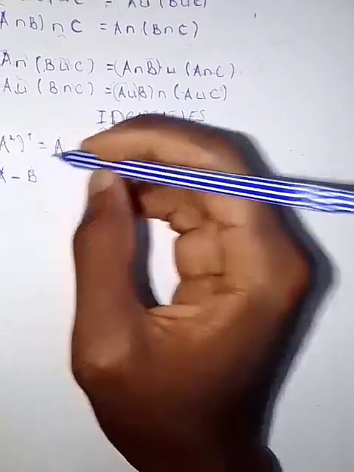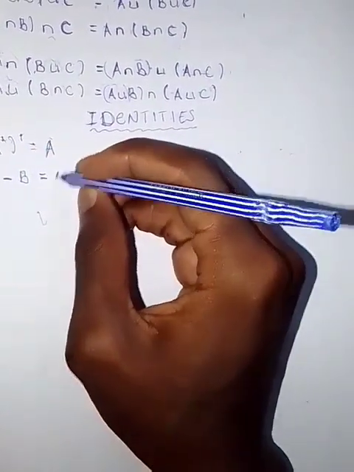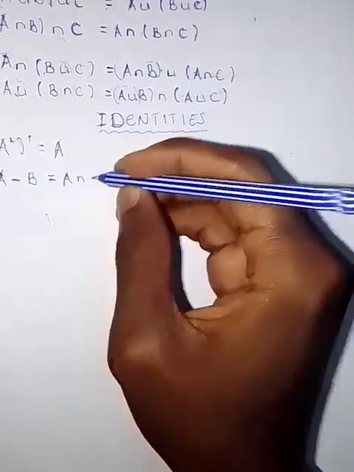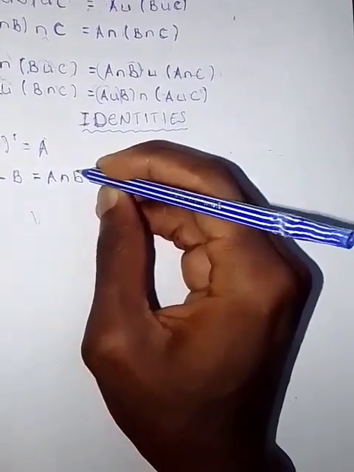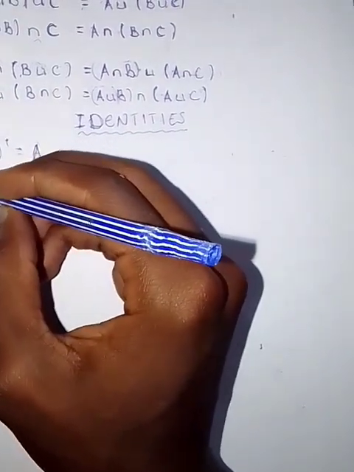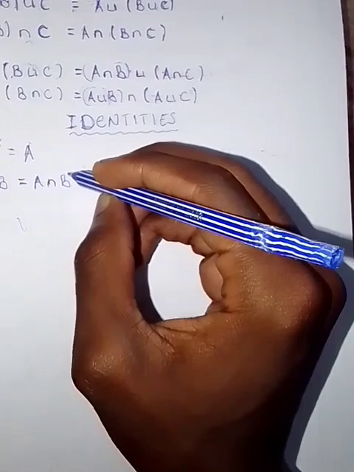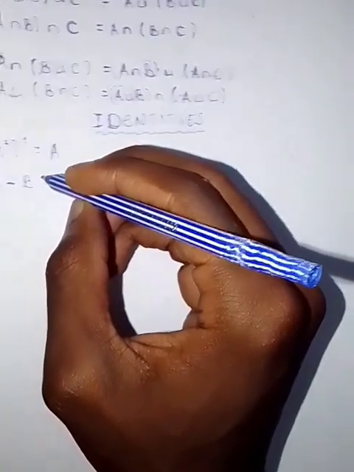Okay, so how do you represent this? This can also be represented as A intersected with the complement of B. So if you have been given a set difference, you can simply convert it to this form.